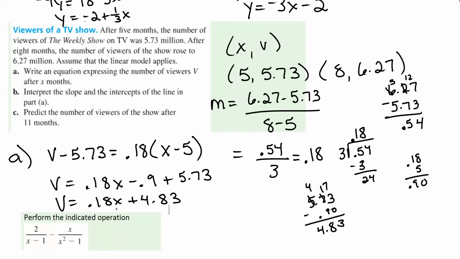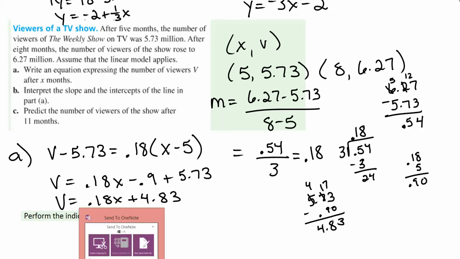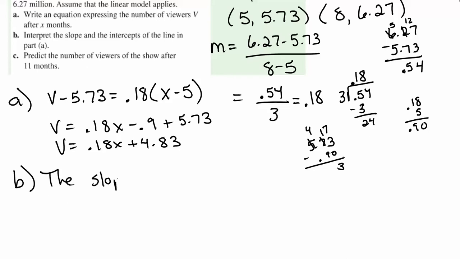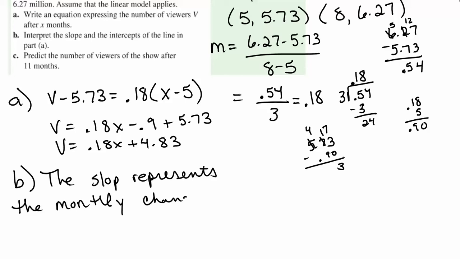Let's see if I can get this to move down a little bit. Okay. On B, it says interpret the slope and the intercepts of the line in part A. So the slope represents the monthly change in the number of viewers.